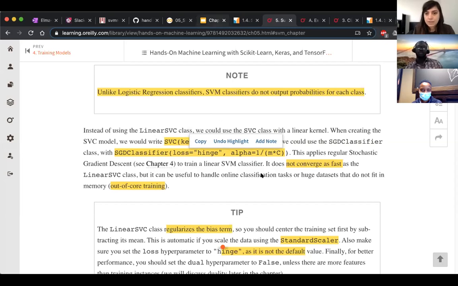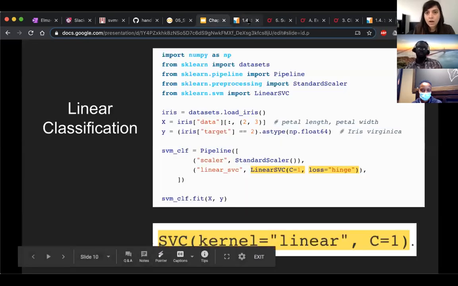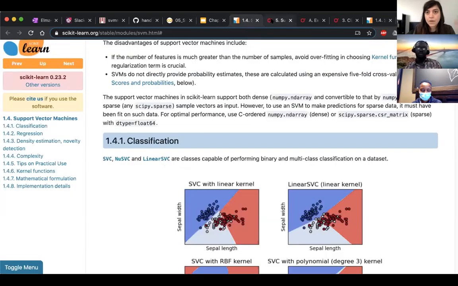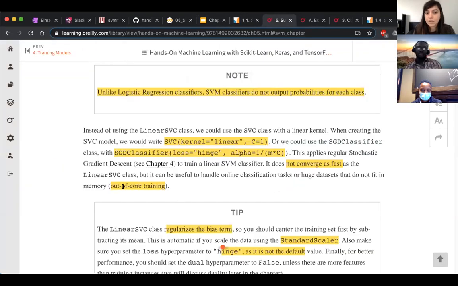Why we even think about using this is that these two models, this one and this one, are not capable of out-of-core training. So if you're dealing with that situation, it's good to consider, but we will talk about which one to use first, and what the differences are between these three ways of doing classification that we've learned so far. This one was first introduced in chapter 3 with the MNIST data set.